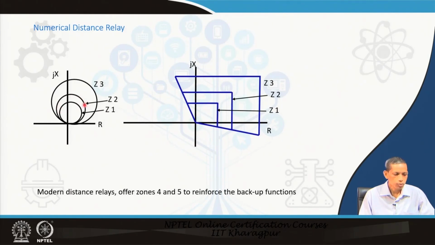Zone 2 is 120% of the line, this is zone 2, and then we have zone 3 extended beyond the next line. So, this is zone 3. However, in addition to these 3 zones, modern relays provide zone 4, zone 5 and so on, to provide further backup functions and applications.